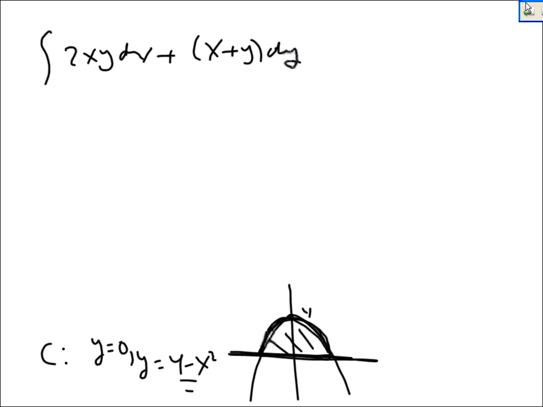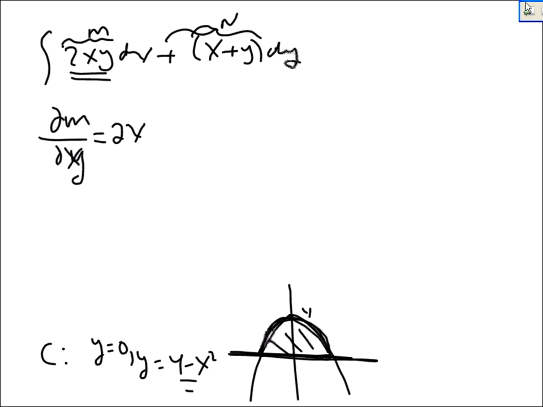Okay. So this is M, including the plus sign that's N. Now, dM dy is just 2x. And dN dx is just 1.